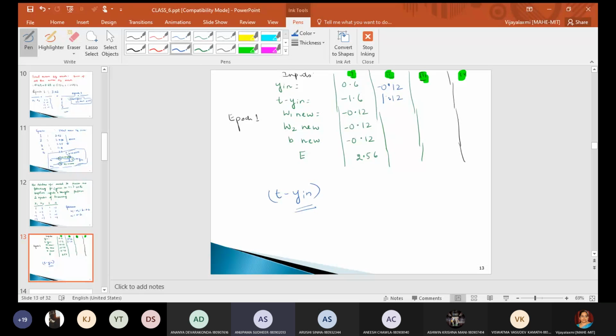And then W1 is 0.104. That is correct, 0.104. W2? Ma'am, minus 0.344. Yeah, that is also correct. B will be that value, not taken down.